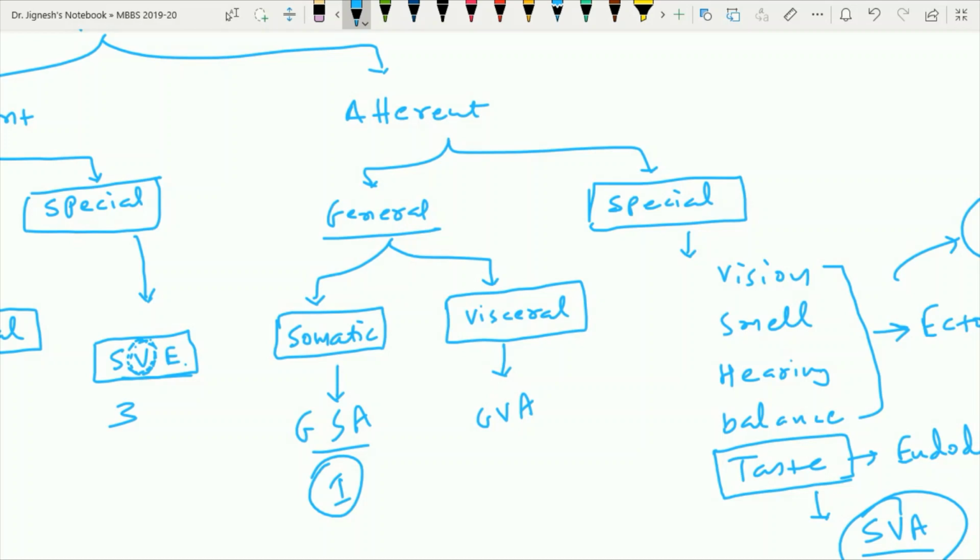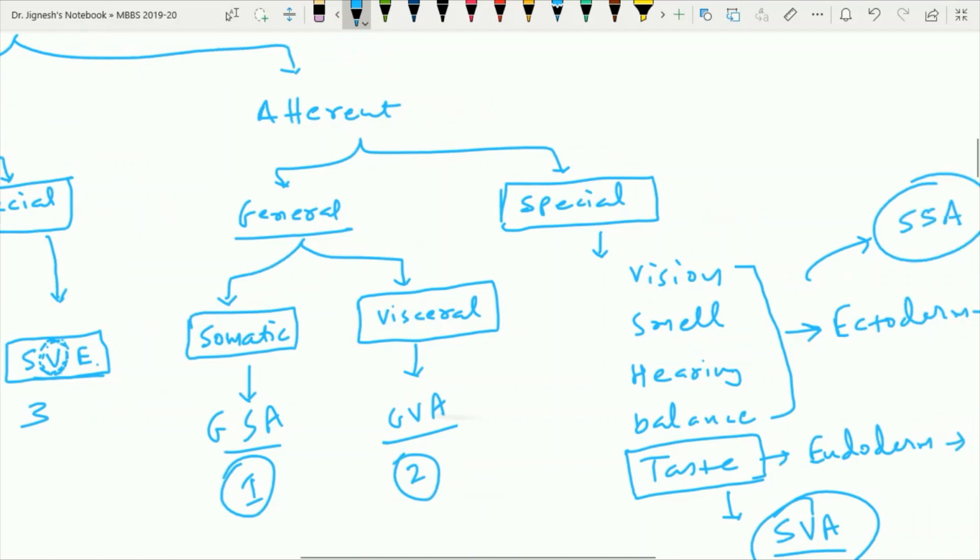The other type of fibers are responsible for carrying the general sensations from the viscera, and these sensations may be a dull pain in the abdomen or the peristalsis movement of the gastrointestinal tract, and these fibers are known as the general visceral afferent component.